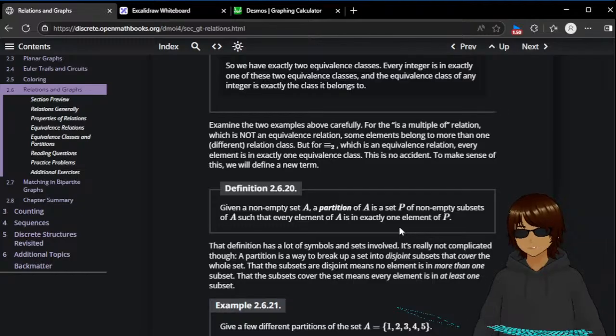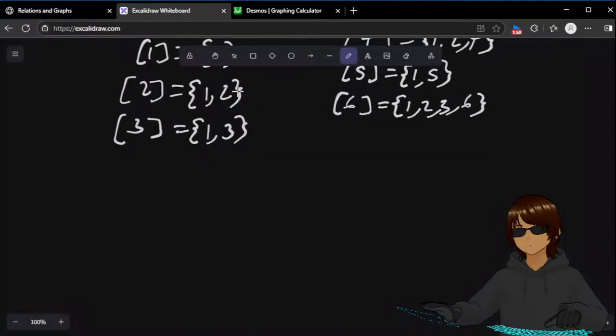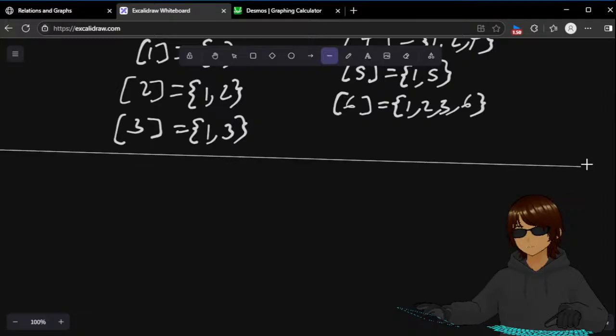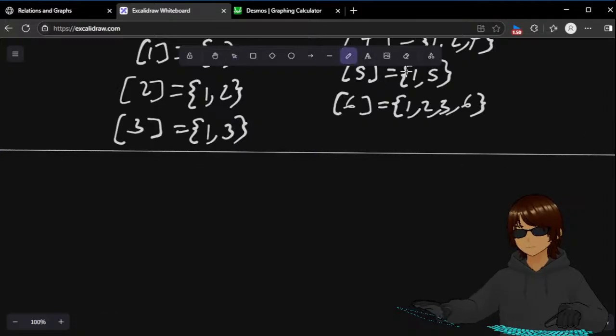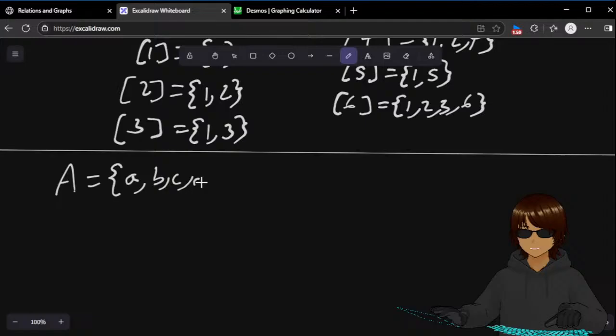Partition of A is a set P. Oh, P is a set of subsets of A. Now I understand. So if A is like this, P is a set of sets.